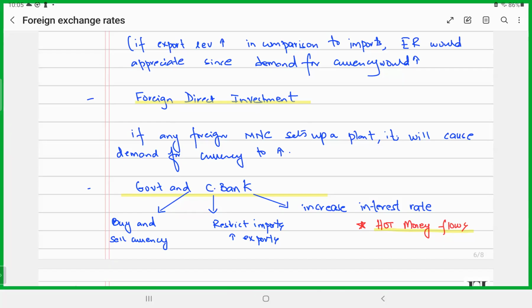Now notice I made a star against this term. Can anybody tell me what we mean by this term, hot money flows? What is it actually? So you see, deliberately a central bank raises the rate of interest in order to raise the value of its currency. Why? Because a higher interest rate would attract hot money flows. So what are these?